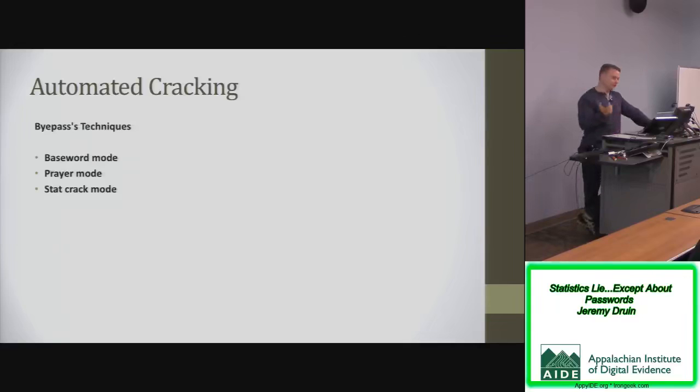The base word mode is just letting you tell the system what you know about the target. So, for example, we're talking about LinkedIn here. So you might want to pick base words like link and linked and LinkedIn and in and li and things like that, right? And you would feed those words into the system because your intuition would tell you those are probably good base words to form passwords off of.